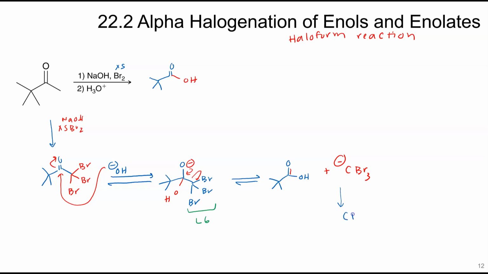When the CBr3 becomes protonated, this is called a bromoform, which is where the haloform reaction comes from. So this reaction works with Cl2, Br2, and I2. And these work best when there's no other alpha protons present.